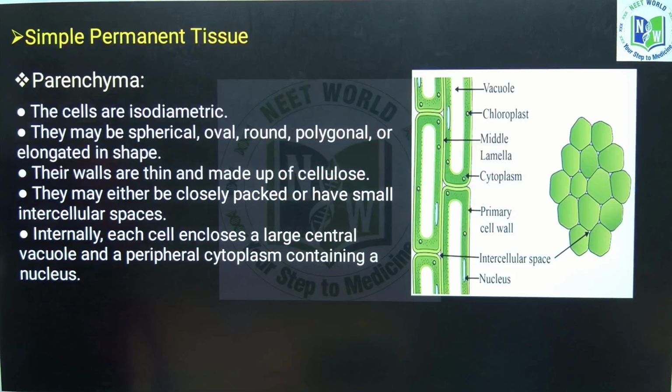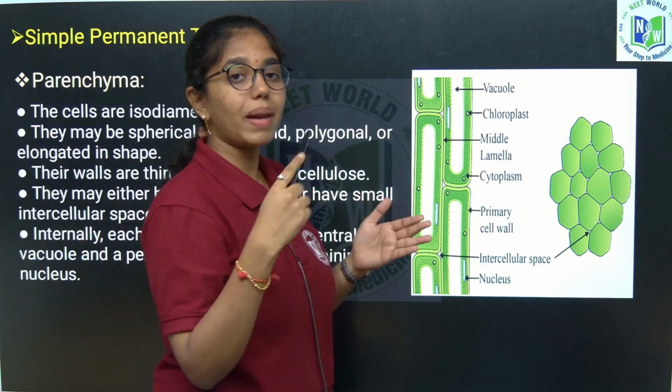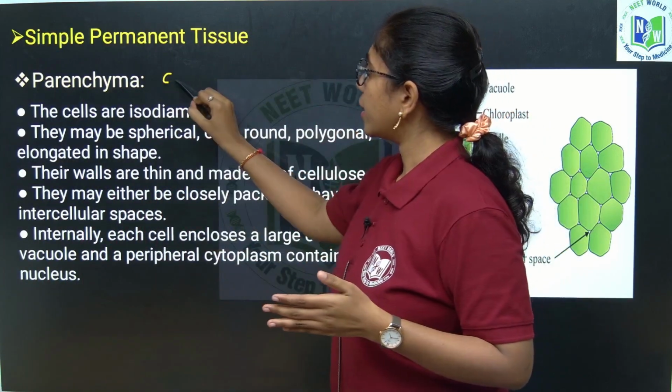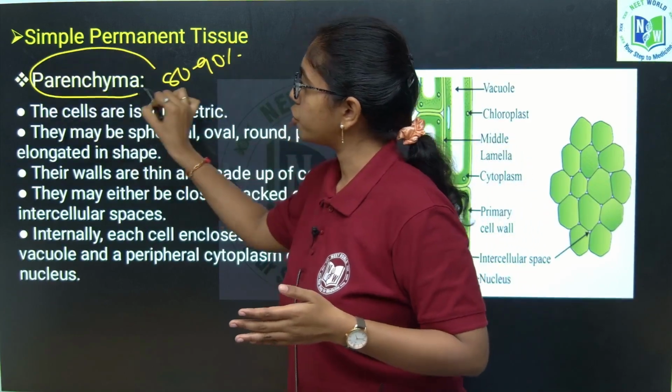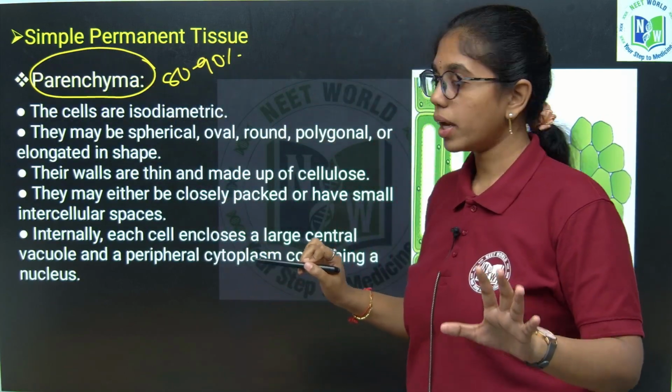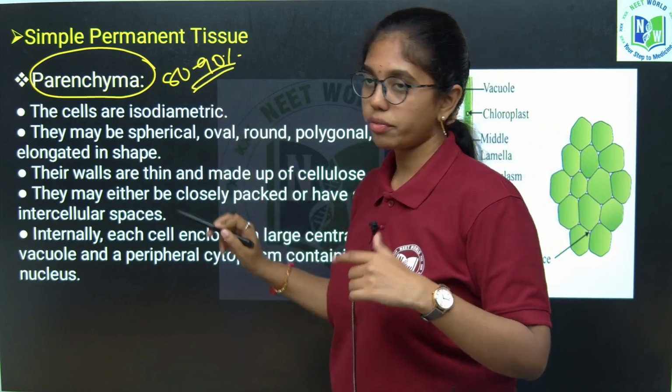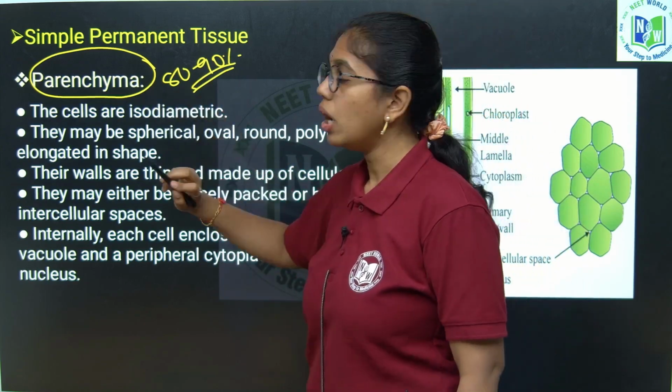So, simple permanent tissues, of which the first tissue is parenchyma. Parenchyma is in almost all the plant body. Almost 80 to 90% of the plant body is filled with the tissue parenchyma.